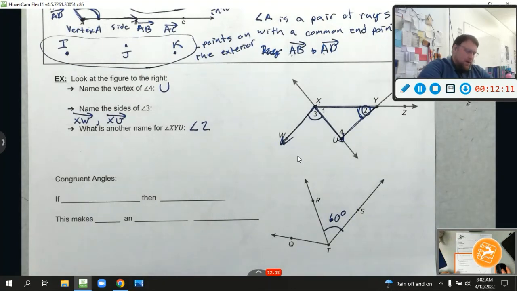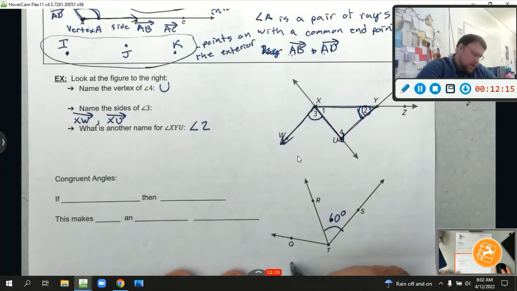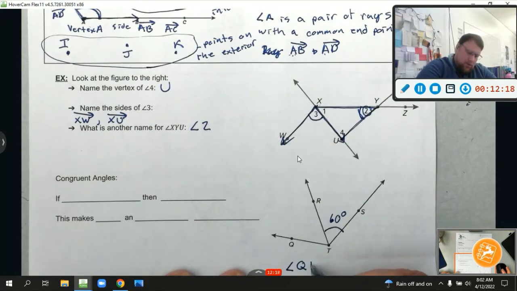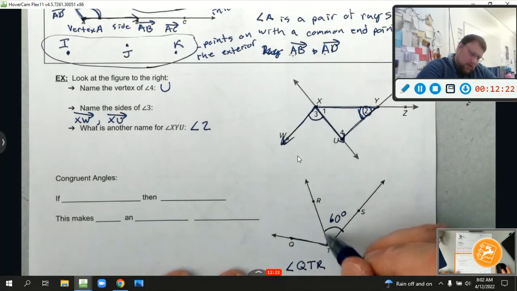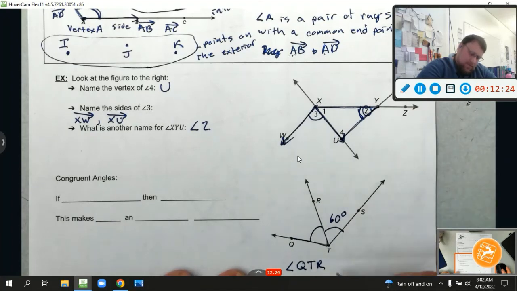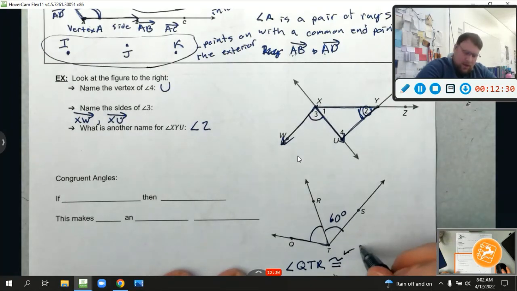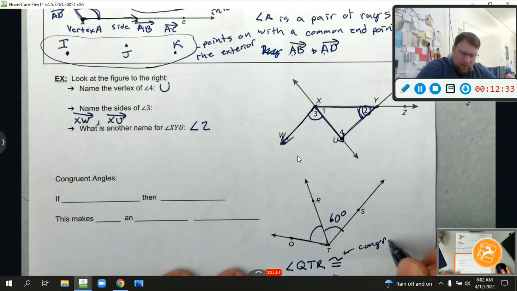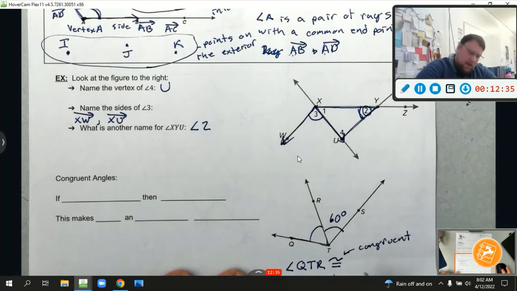And we're going to talk about congruent angles. Here's what I'm going to tell you: angle QTR is congruent to angle STR. By the way, see this equal sign with an extra squiggly above it? That means congruent. I think we've talked about that, but I want to mention it again.